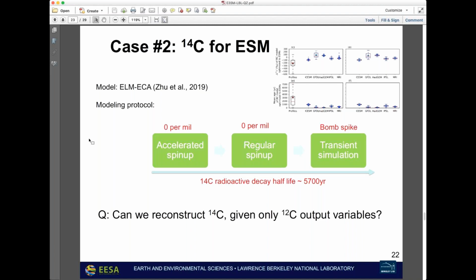But the pool representation and the carbon flow in those Earth system models might be largely different. So now we allow that diversity of representation in terms of 12C, and we just use the 12C outputs from whatever Earth system model we have, and then hopefully we can reconstruct the 14C out of it.